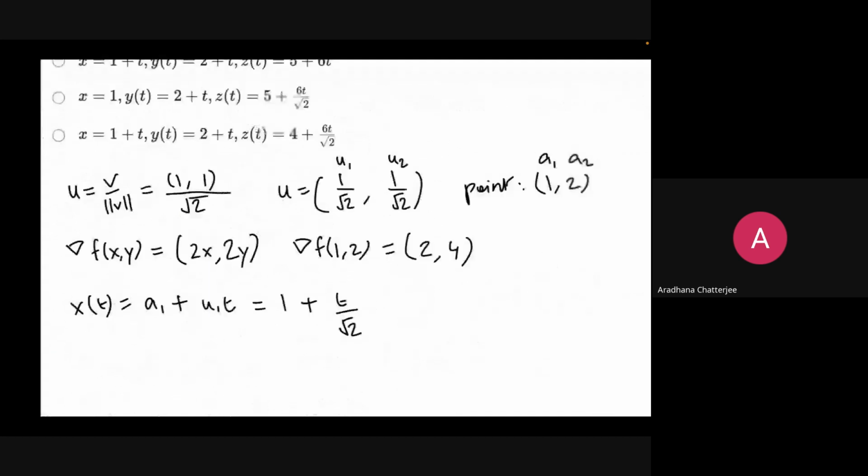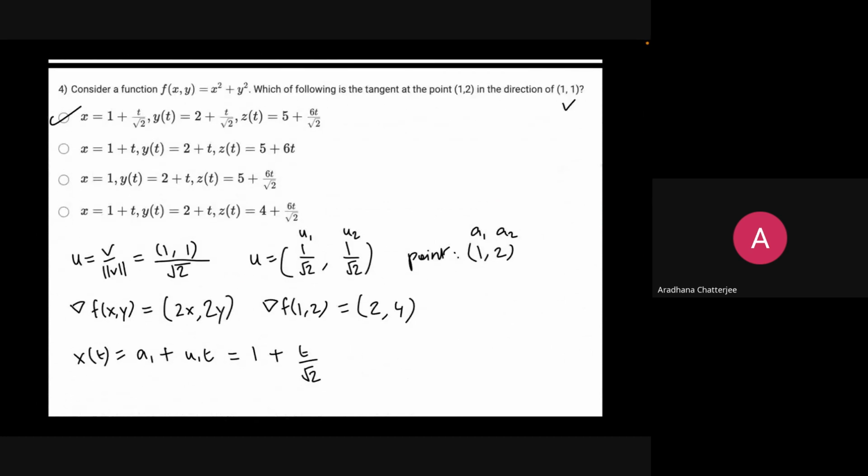Because it's in the direction of this unit vector, ui is the ith coordinate of this unit vector that you find the direction in terms of. So here they gave it to us that we wanted it in the direction of this 1 1. So first we got the unit vector in that same direction. We divided by the norm of that vector. Okay, so this is a unit vector.